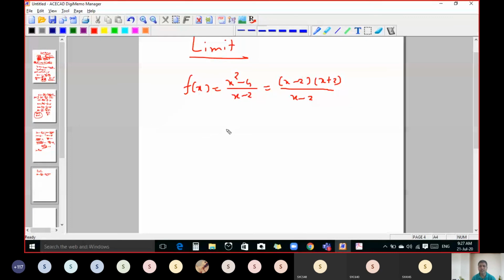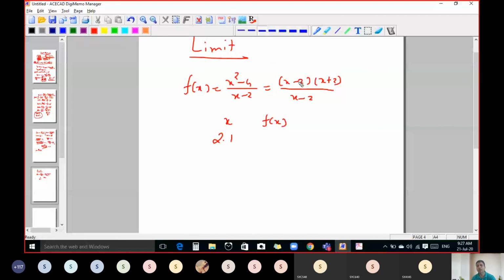How? But here, we have to study in a slightly different way. See how to study. Just think different values of x and find out the different values of f of x. Now see, if x is, let us say 2.1, so if we put 2.1 here, 2.1 minus 2, that is 0.1, 0.1 cancel.